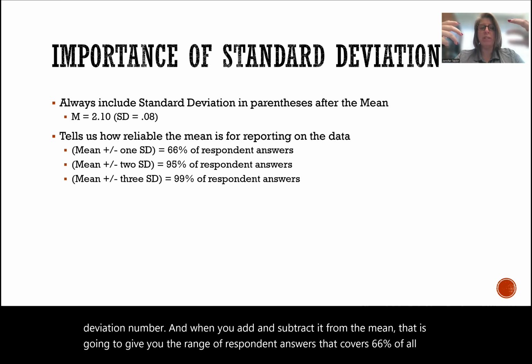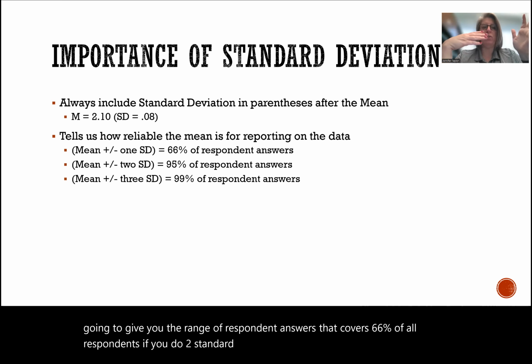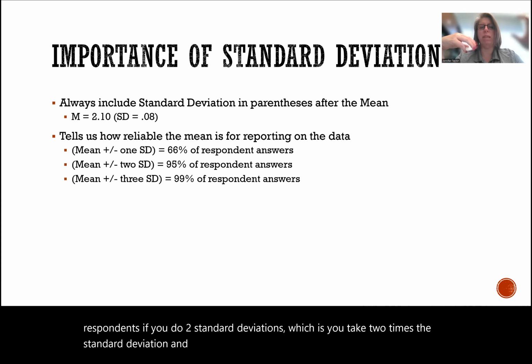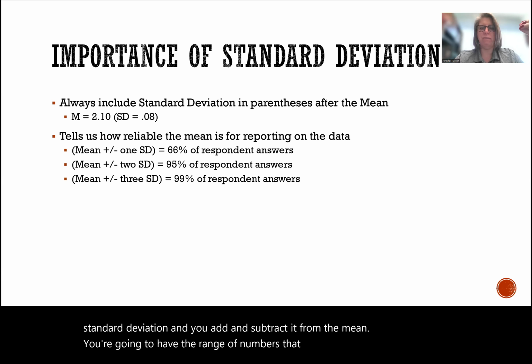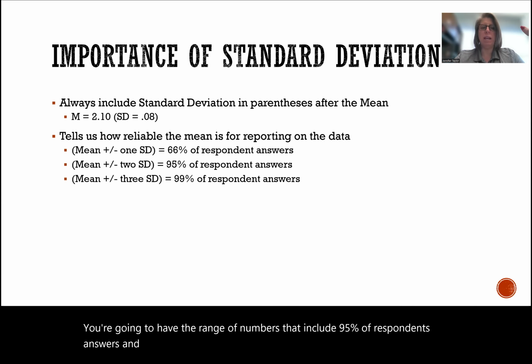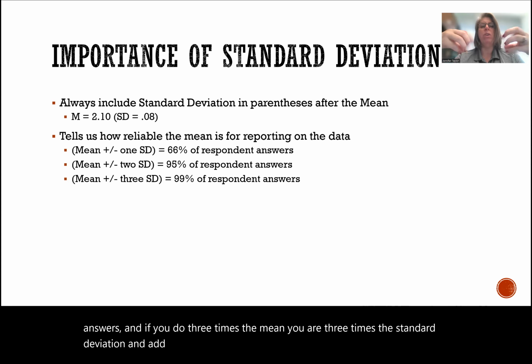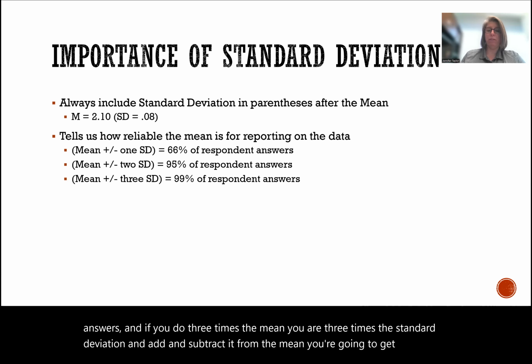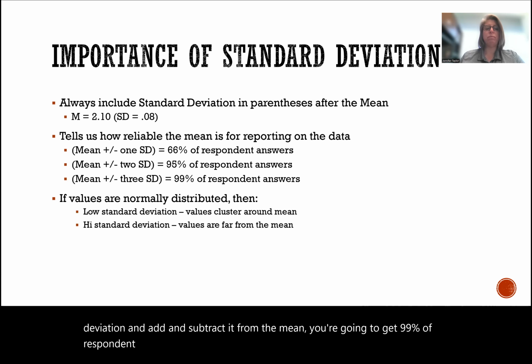If you do two standard deviations, which is you take 2 times the standard deviation and you add and subtract it from the mean, you're going to have the range of numbers that include 95% of respondents' answers. And if you do 3 times the standard deviation and add and subtract it from the mean, you're going to get 99% of respondent answers.